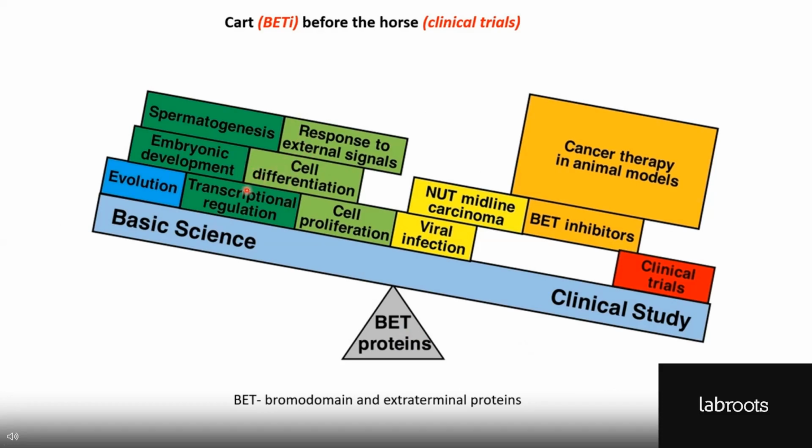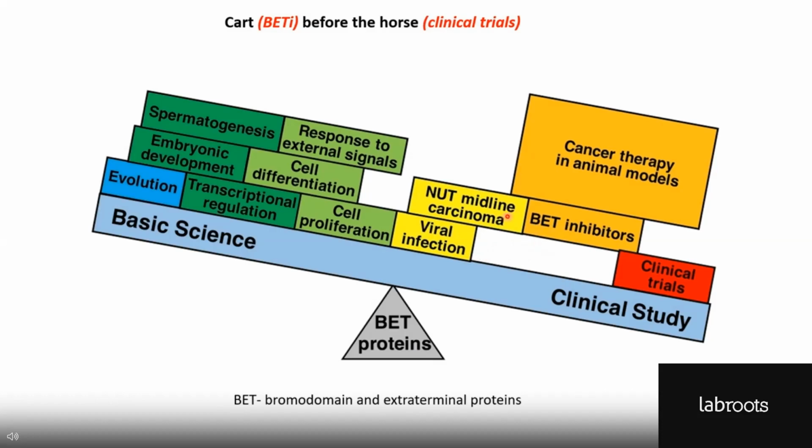From a basic science perspective, it's involved in embryonic development, cell differentiation, transcriptional regulation, also involved in evolutionary, there are some evolutionary questions about bromodomains. From a clinical or translational perspective, they're involved also in co-regulating transcription during viral infection, and also in normal viral transcription as well.